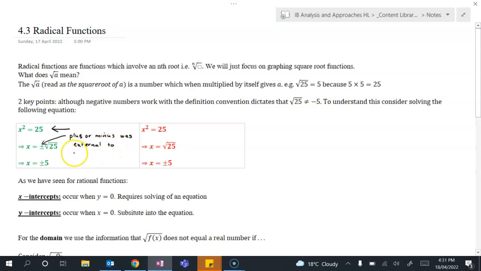It wasn't part of the square root. So what you're saying when you had the plus or minus out here is the answer to the equation x squared equals 25 will either be the positive of the square root of 25 or the negative of the square root of 25. And so then the square root of 25 gives us 5. So the plus or minus isn't part of the answer to the square root of 25. The plus or minus is something we add in because we know that the solution to the equation could be plus or minus.